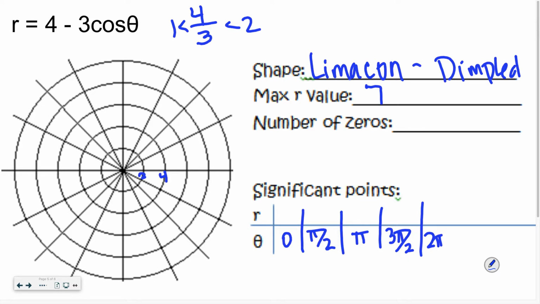Aaliyah, what do we get for r when theta is 0? 1. When theta is pi over 2, Mara? 4. Jessica, pi. Kaya, 3 pi over 2.